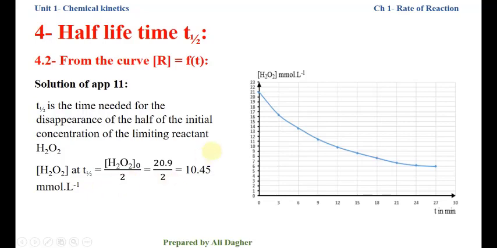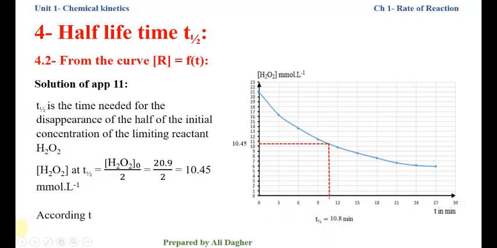On the graph, this is the 10.45. We locate the point on the curve of ordinate 10.45. Then the abscissa of this point, which is equal to 10.8 minutes, is the half-life time.